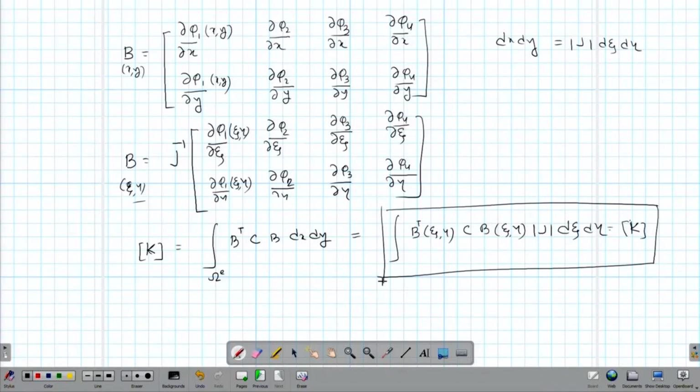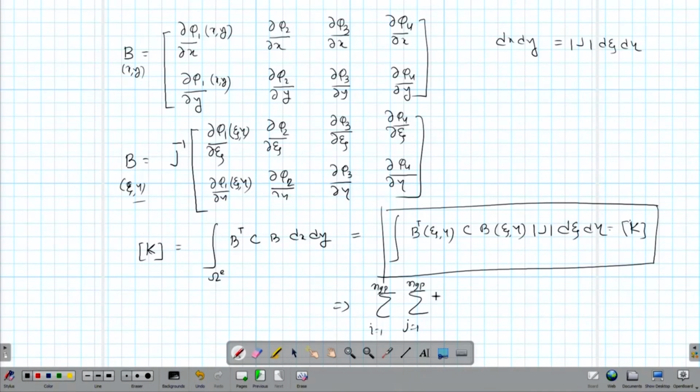Now, further, if we have to do numerical integration, this can be expressed as the sum over i equal to 1 to n gp, where gp is the Gauss point integration rule, and j equal to 1 to n gp. We have already seen this.